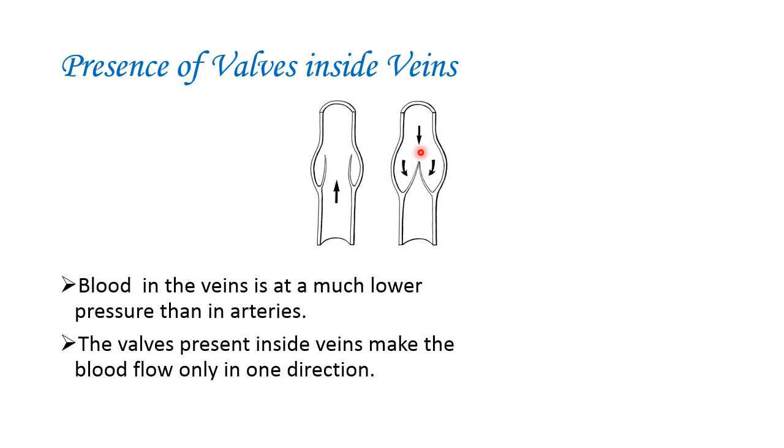And this does not allow the blood to flow back into the vein. This ensures unidirectional flow of blood. This is the significance of valves. Whereas valves are absent in arteries because it is not required in arteries. Why is it not required in arteries? Because the blood is flowing with great pressure due to the pumping action of the heart.